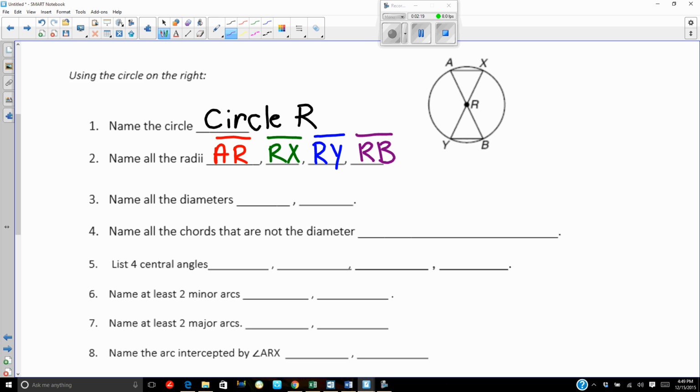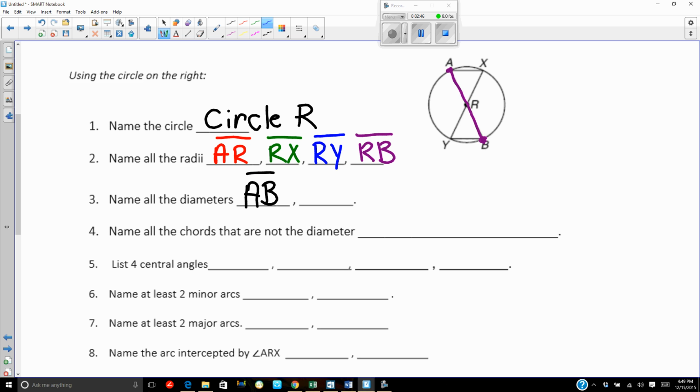Next question is name the diameters. The diameters, recall, are just a chord that go through the center of the circle. So here's an example of a chord because both of the endpoints are on the circle, but it also goes through the center. So one of our diameters is the segment AB, or you could say segment BA.